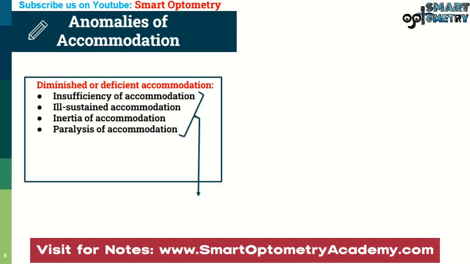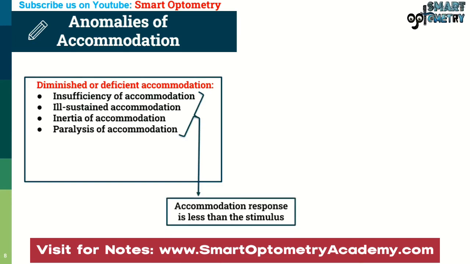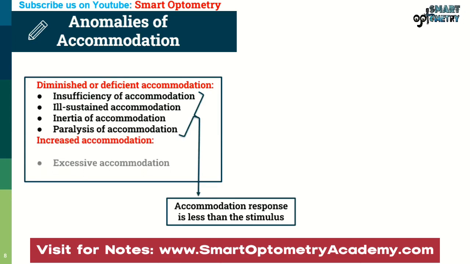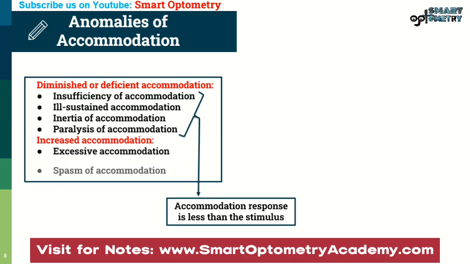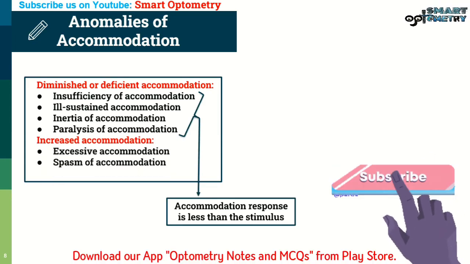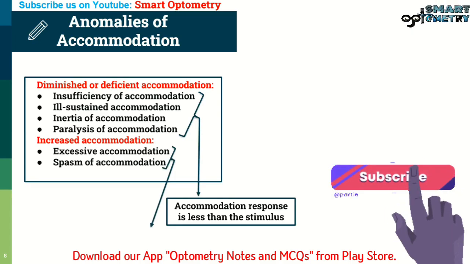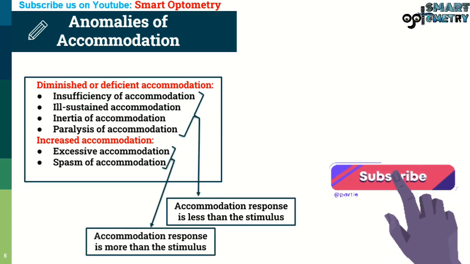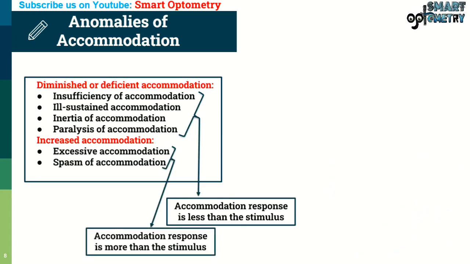In this type of anomalies of accommodation, the accommodative response is less than the accommodative stimulus. Increased accommodation: excessive accommodation, spasm of accommodation. In this type of anomalies of accommodation, the accommodative response is more than the accommodative stimulus.